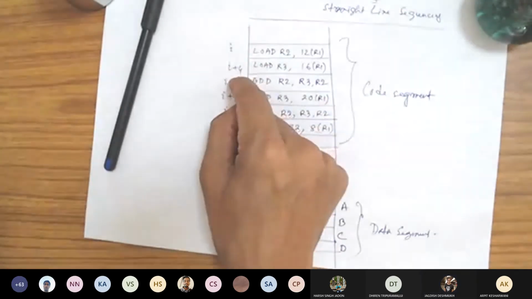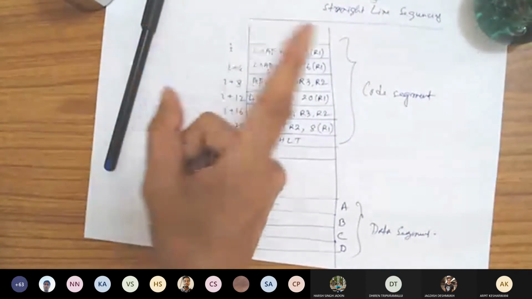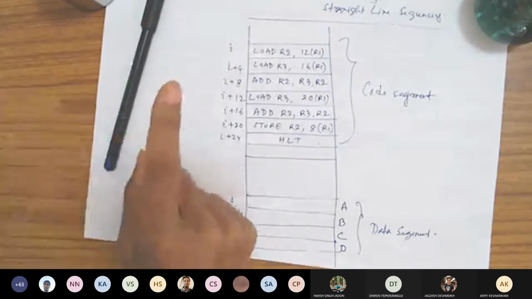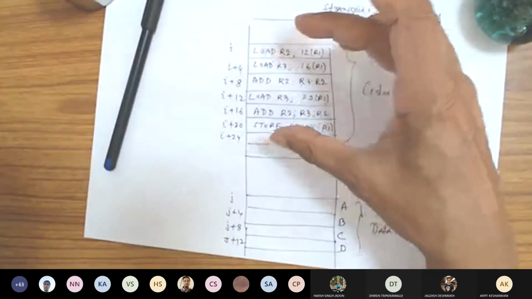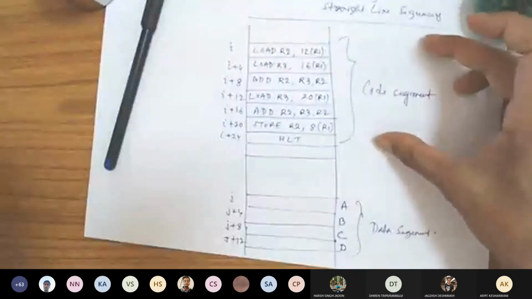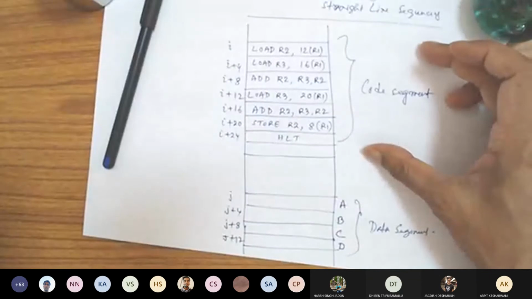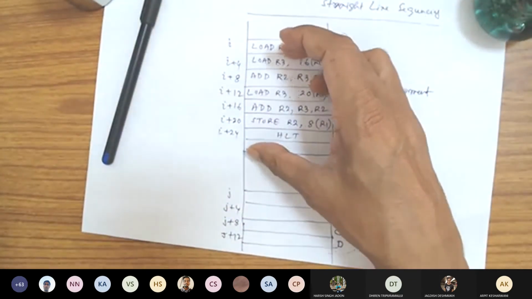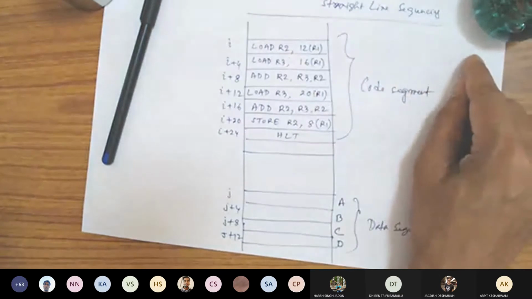These addresses, you require physical addresses when you load them into the program counter. And that will only be decided when this program is loaded by the operating system into a specific region of the memory. Today you are running this program, and the operating system gives you physical address location 100 onwards.